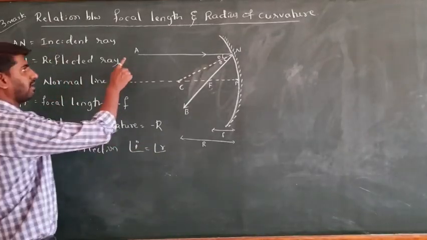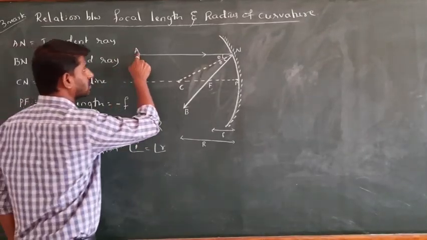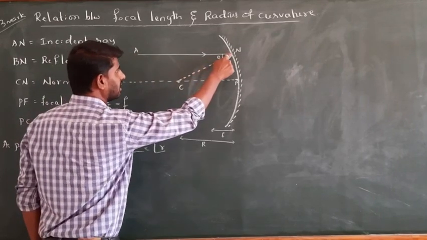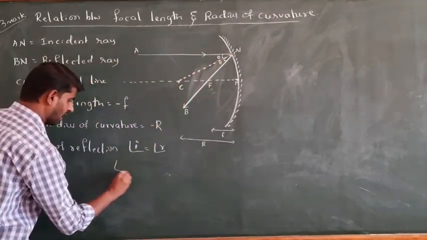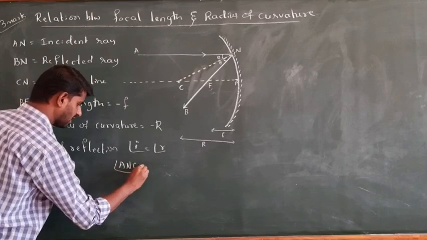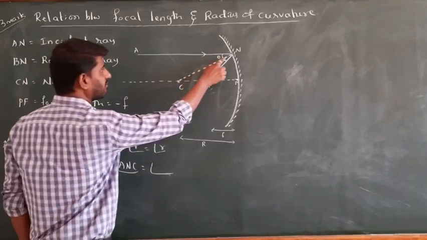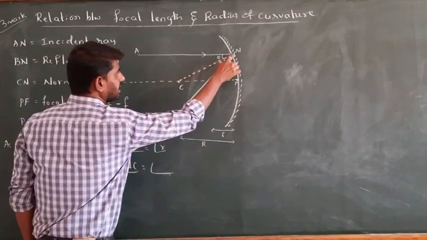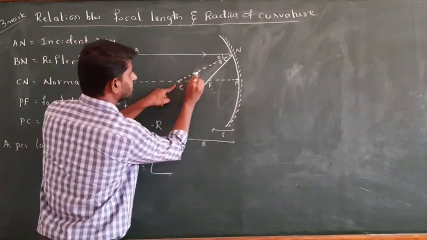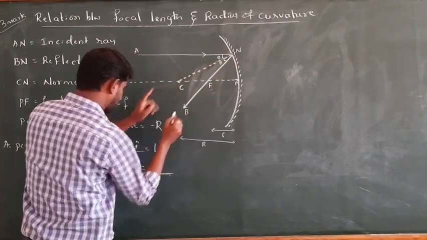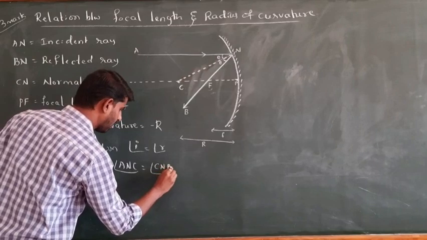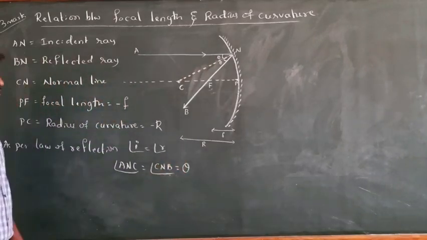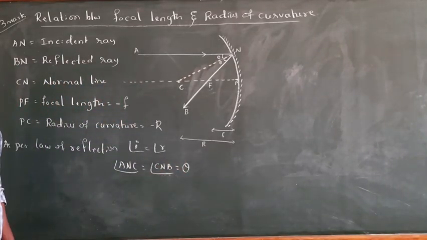Okay, so what's the name of the incident angle here? From ANC, it's the angle of incidence ANC, and what's the angle of reflection? CNB. So CNB, and both are of the same value, that is theta.